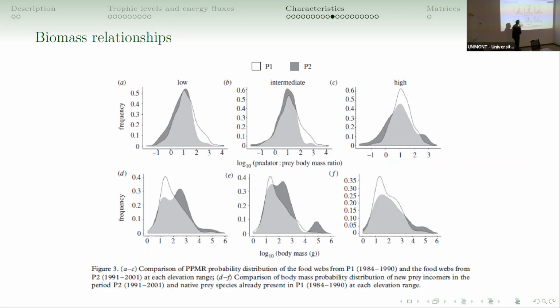A predator-prey mass ratio of 1.3 means nothing if we don't compare it to another value, right? But in general, for these two communities that are two different decades in the same site, the community of the second decade with larger preys could be less stable, because for the existing predators, it's more difficult to prey on larger preys, right?